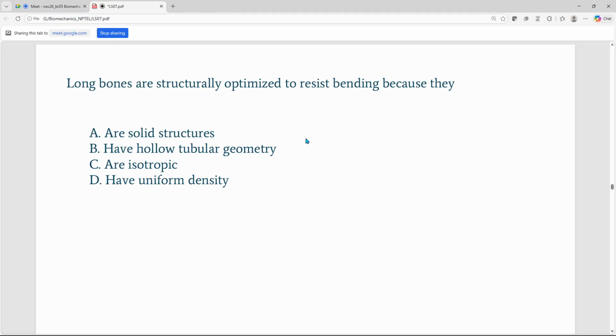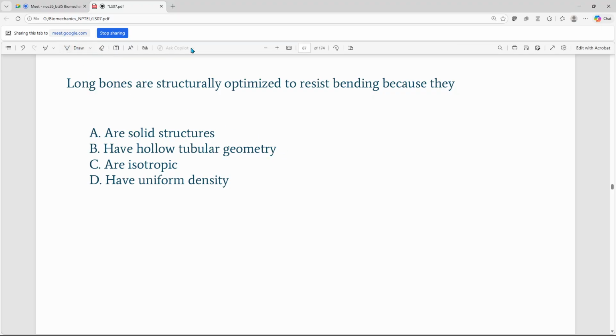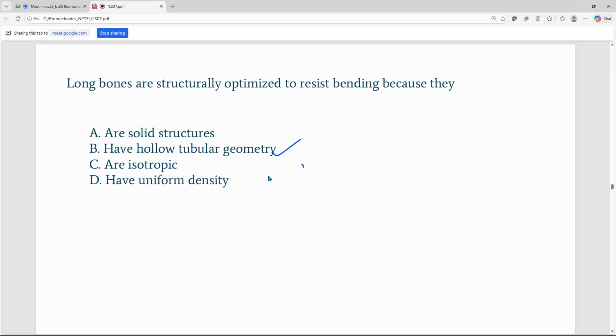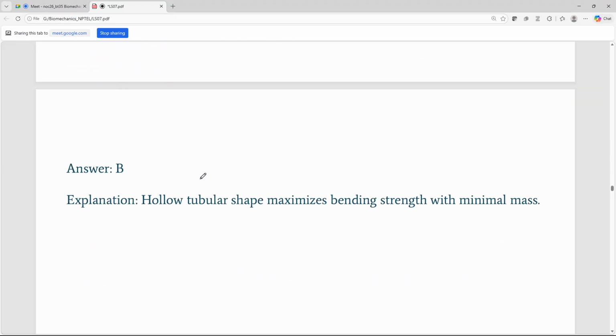The answer is option B, have hollow tubular geometry. Since long bones have a tubular shape, as we discussed in the previous question, with increasing diameter the difficulty of bending increases.